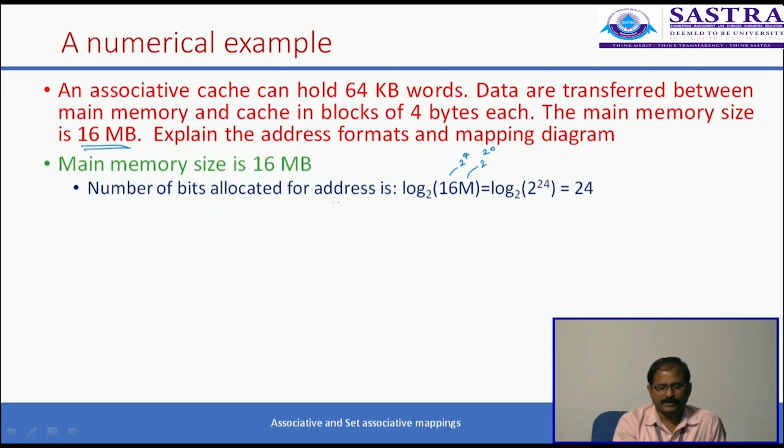So, the number of bits allocated for address is log 2 power 24 base 2, that is equal to 24. So, the address size is 24 bits. The address is going to be divided into two fields, one is called the tag field, the second one is called the word field.